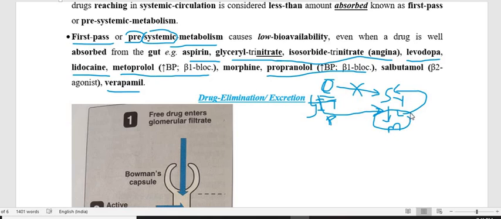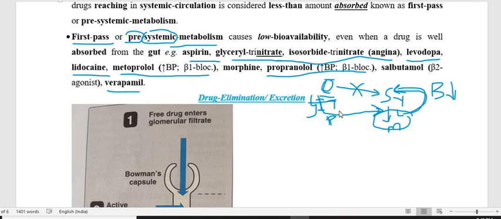So once it reaches the systemic circulation, its bioavailability is lesser than the amount absorbed. This lesser amount is because of the metabolism of the drug in the liver as well as the GI tract by the enzymes, and it is called first pass metabolism or pre-systemic metabolism.